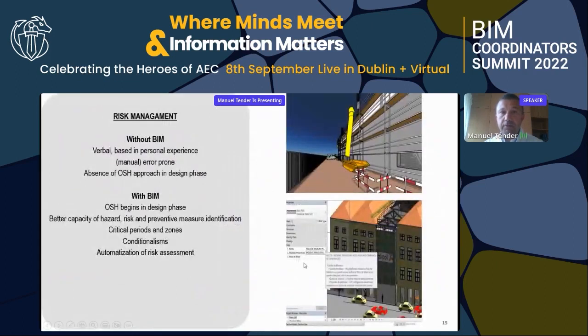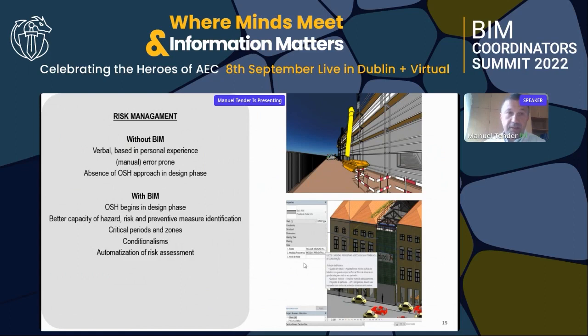In terms of risk management, it is usually verbal, based on personal experience, a manual activity, and error prone. And usually we have an absence of an OSH approach in the design phase. So if we use BIM, the first major change is that OSH begins in the design phase. The designer begins the 3D model, and we have the possibility to include OSH information in that phase.